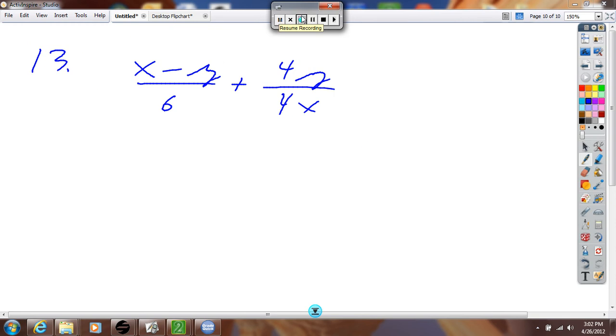13. What should I do first? No. Factor. The answer is yes, but no. I can do something first before I do common denominators that makes the problem easier. Do I have a 4 on top and a 4 on the bottom? I can't cancel if there was a 4 here and here, but these are in the same fraction. I can cancel them in the same fraction. It just eliminates part of the problem.